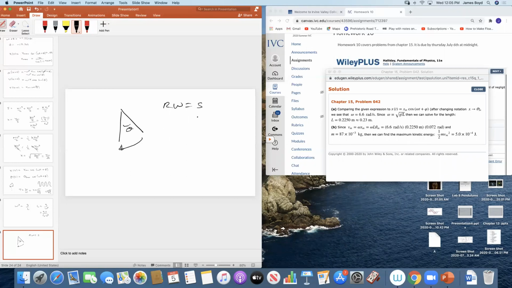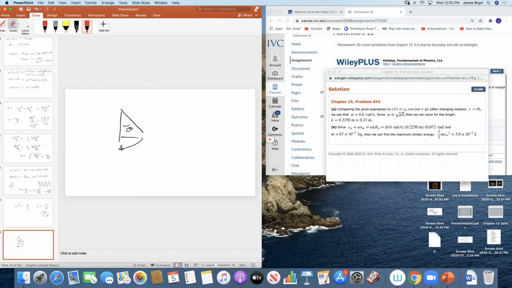And therefore, you need to figure out what this distance is. Well, that distance is S, okay? No, I'm actually being a little... yeah, I'm being totally dumb. Forget what I just said.